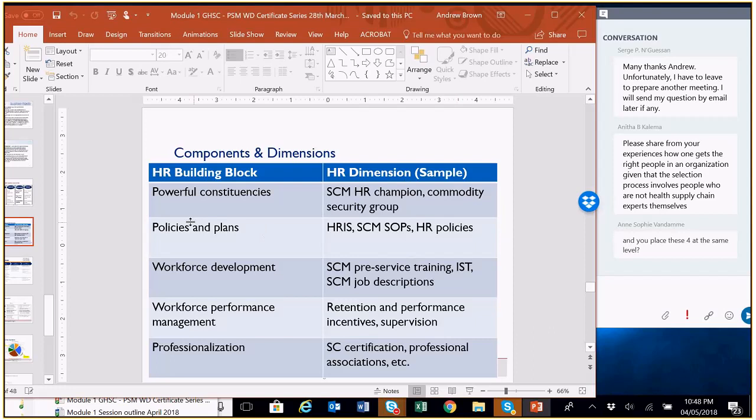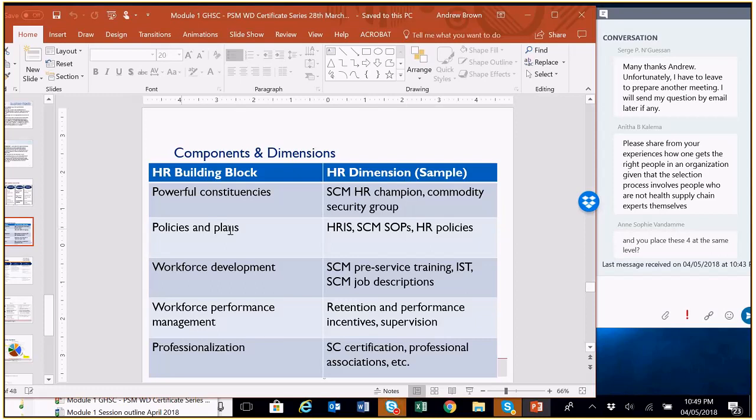So, for example, if you have powerful constituencies or strong leadership, you should have in place a supply chain management human resources champion. You should have a commodity security group at the state, regional, or national level that leads discussion about strengthening the system. These are called dimensions, and there's a whole list of these dimensions in the tool, and you get marks if they're present, and you don't get marks if they're absent.